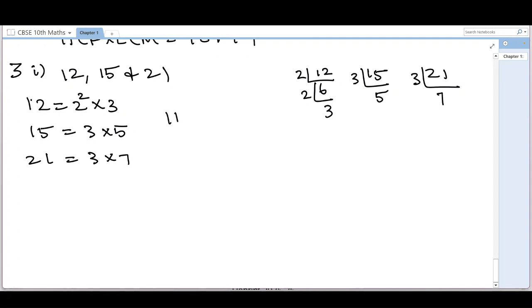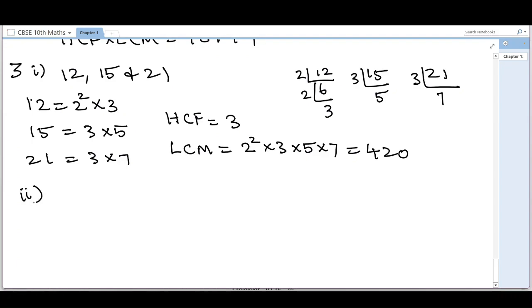So HCF is nothing but 3. For LCM we have to choose the highest or the greatest power. So 2 square into 3 into 5 into 7, which is equal to 420.